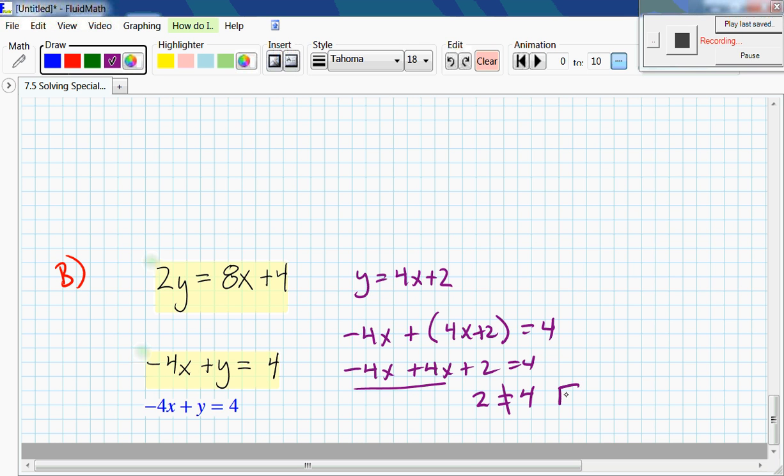And that's a false statement. We all know that it's an inconsistent system. So those are two ways to check to see whether or not your system is inconsistent or consistent without having to graph it.